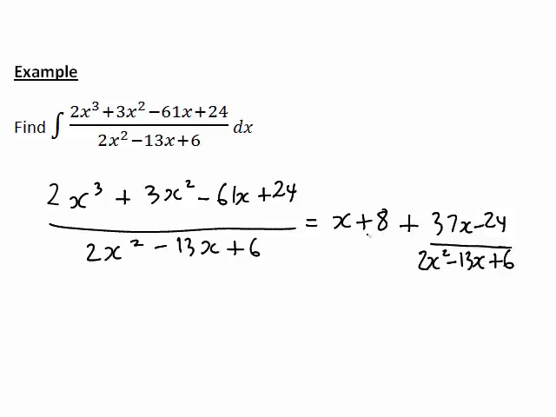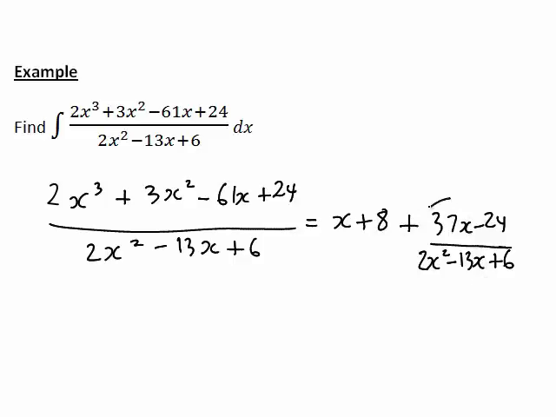It is now rewritten as just an ordinary polynomial, which in this case in fact is just a linear function of degree 1, and then plus a proper rational function, where you'll notice that for this expression here, the degree of the numerator is 1 and the degree of the denominator is 2.